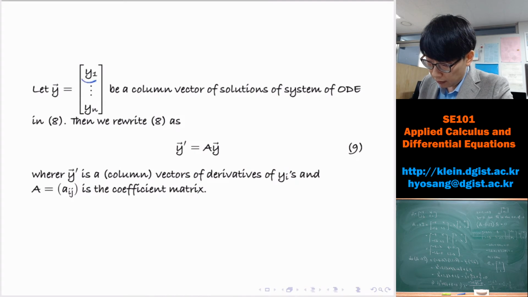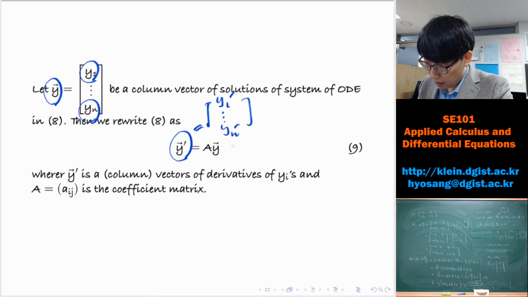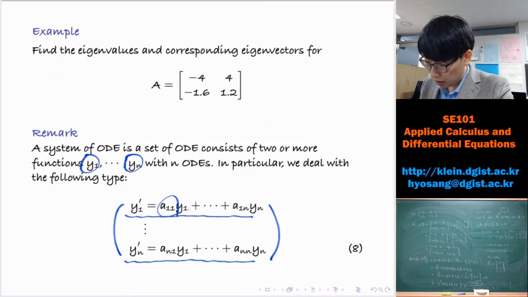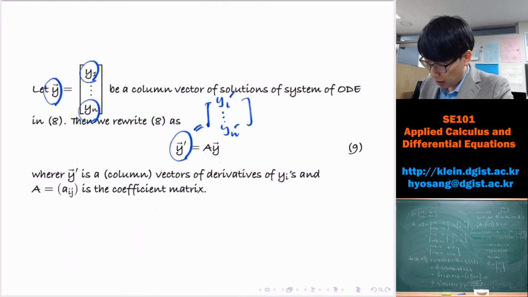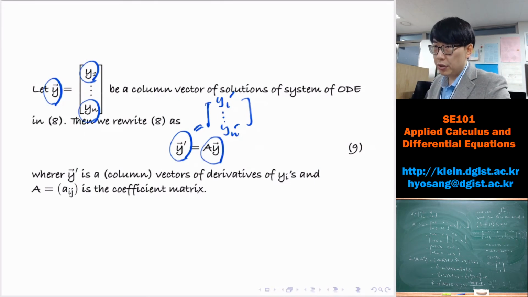If you take y1 to yn as the entries of a column matrix represented by vector y, then taking vector y prime, you're taking the derivative of each entry, so y1 prime to yn prime. On the right hand side is simple matrix multiplication, given by A times y. So your system of differential equations can be written as a matrix multiplication.